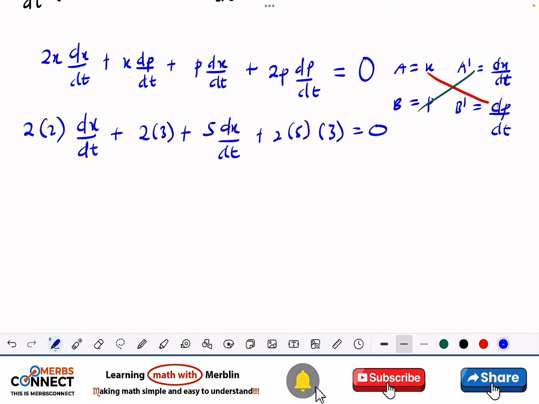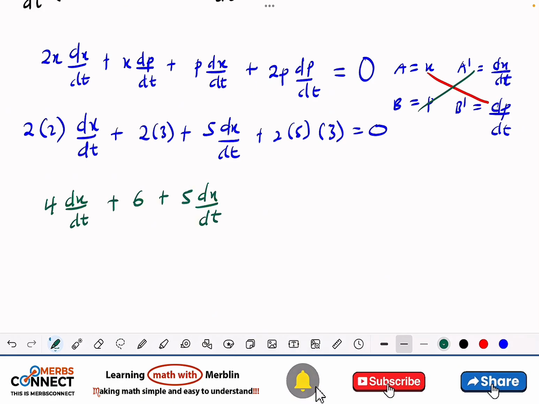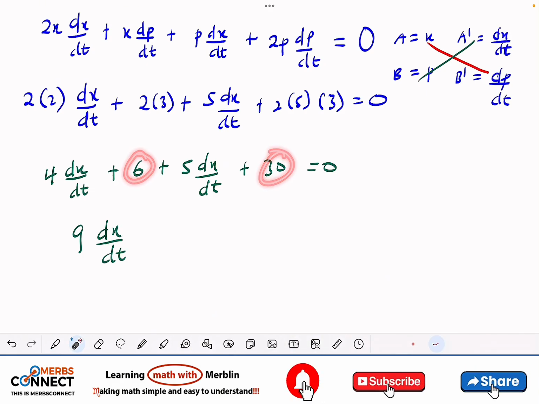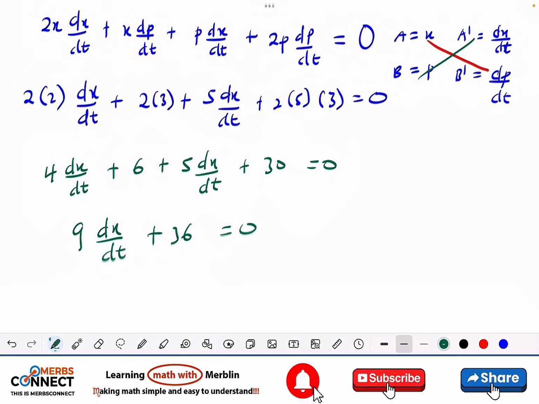Let's finish it up. This gives us 4 dx/dt plus 6 plus 5 dx/dt plus 30 is equal to 0. Let's group like terms. 4 dx/dt plus 5 dx/dt gives us 9 dx/dt. Then 6 plus 30 gives us plus 36 is equal to 0.